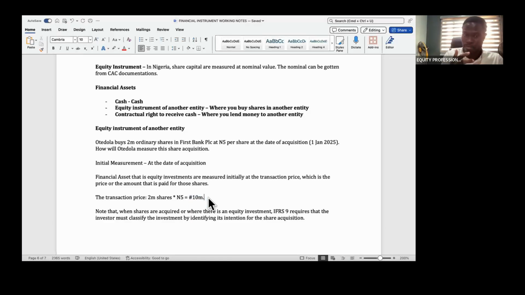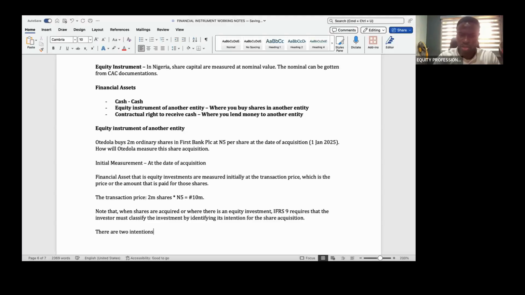And obviously, Otedola's intention is clear. He wants to be the owner of this bank. He wants to hold these shares for the long term. That's his intention.